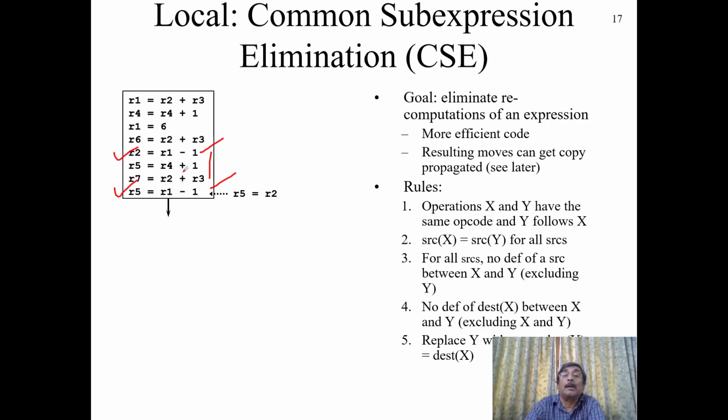The operations are the same or have the same output, and the source of this particular operation has not been defined between the X and the Y. If that is the case, then I can eliminate the common subexpression, or in fact the whole expression in this case, as it turns out to be.